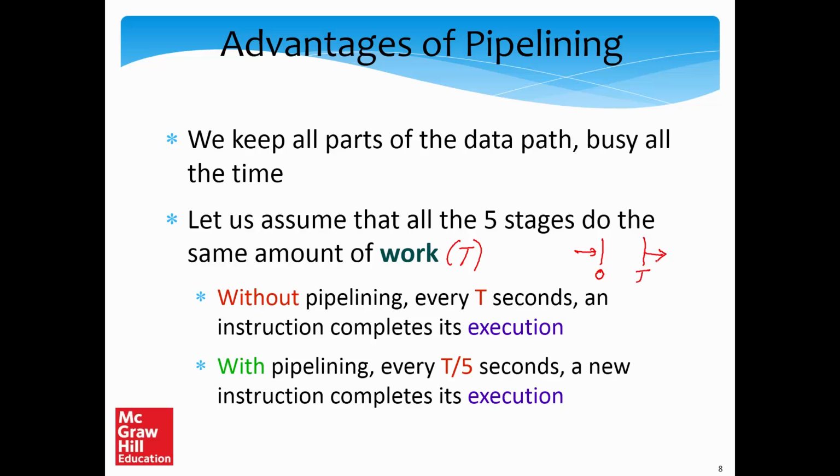Getting out means it will have finished its execution. If it's a memory instruction, it will finish the memory access, and if a register needs to be written to, it will write to the register. So it will essentially complete the work of all the 5 stages.